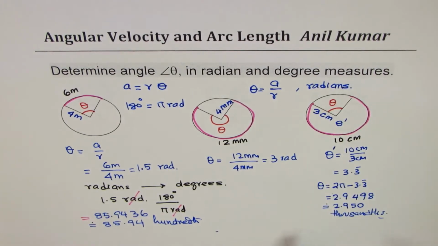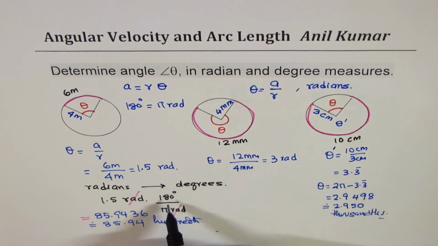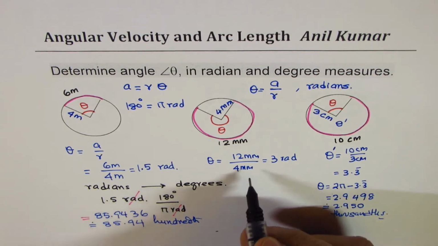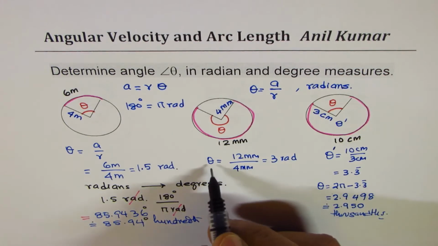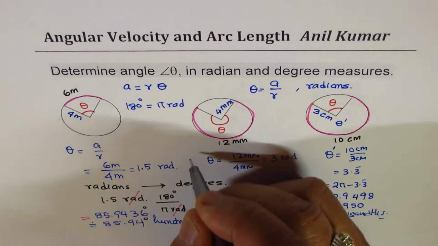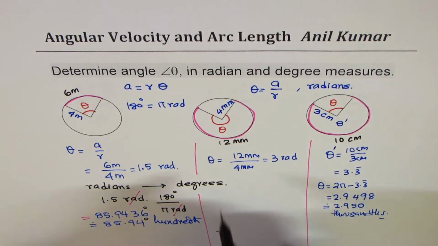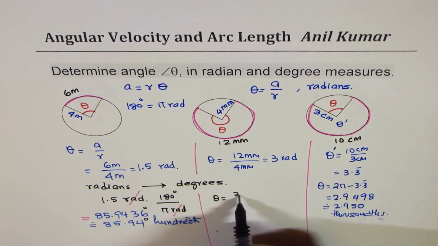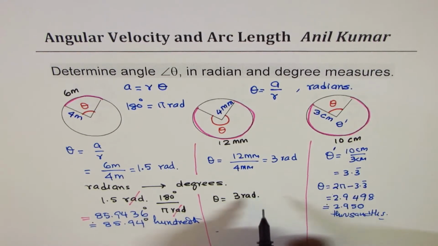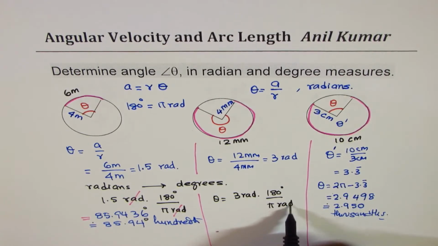Perfect. Whatever you've got as your angle, you have to multiply that by 180 divided by pi, correct? So theta in degrees will be written like this. Let me just divide the page. Here, theta is so many radians. If I have to write theta in degrees, it will be 3 radians times 180 degrees divided by pi radians, correct?